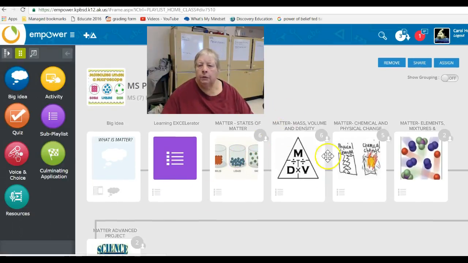And you'll notice that there are multiple modules within here. We have completed this one. It should have a star. Matter, states of matter should have a star. Matter, mass, volume, density should have a star. That's finished. Matter, chemical and physical change should have a star. The only thing we have left is this, and it'll be finished probably next week easily.